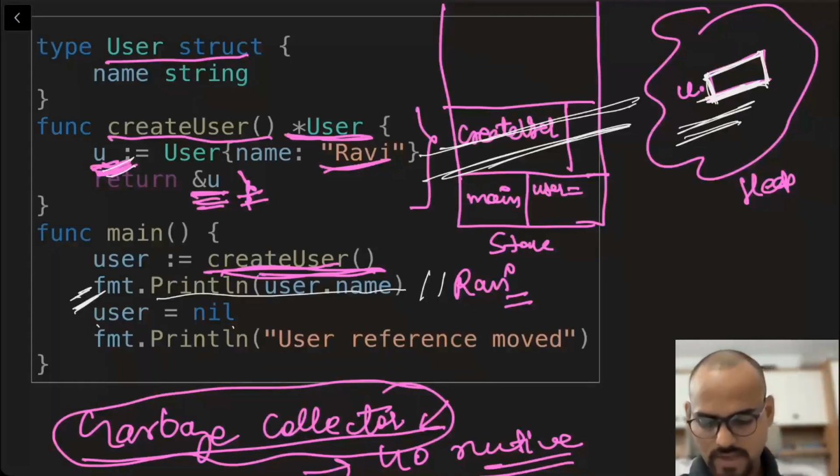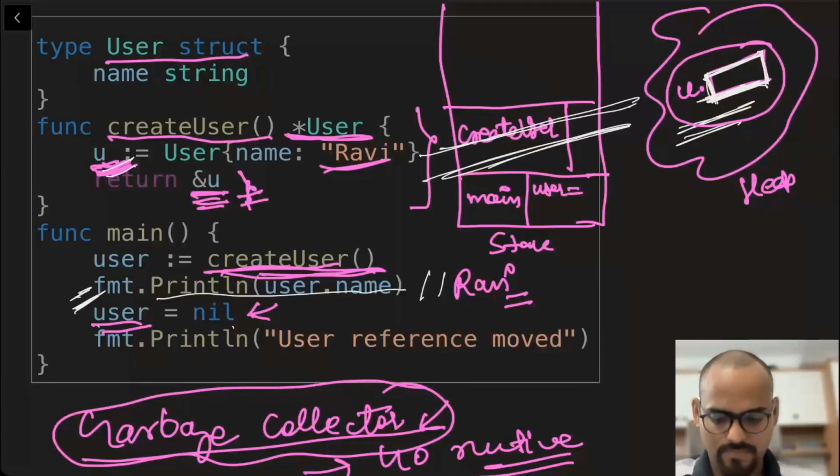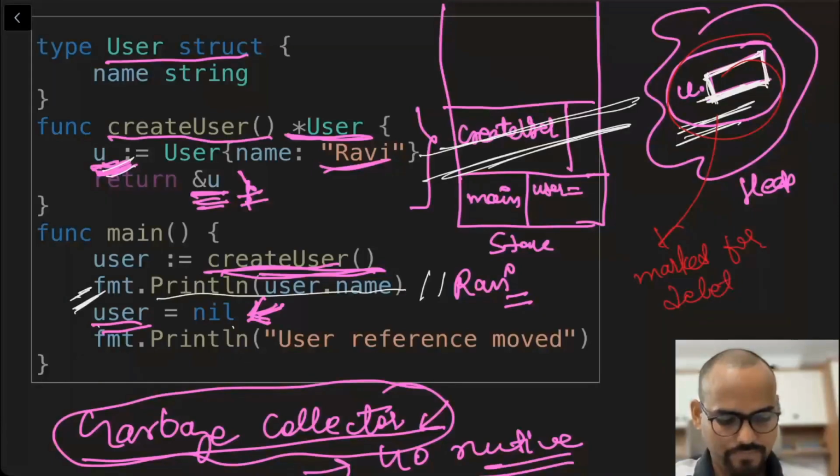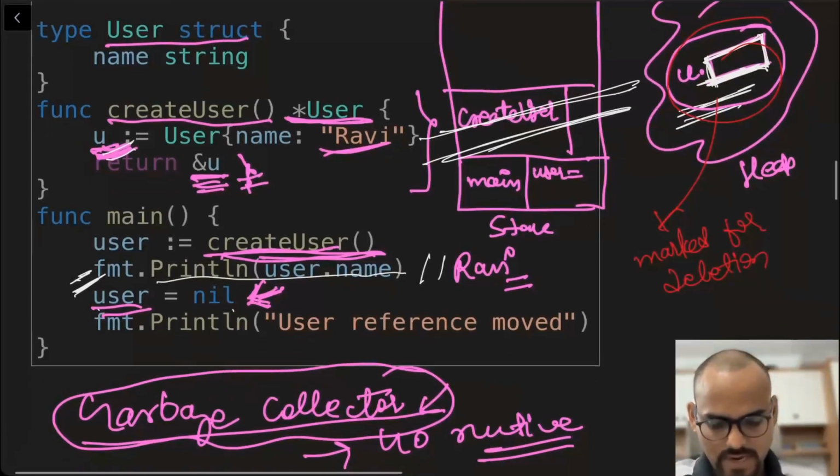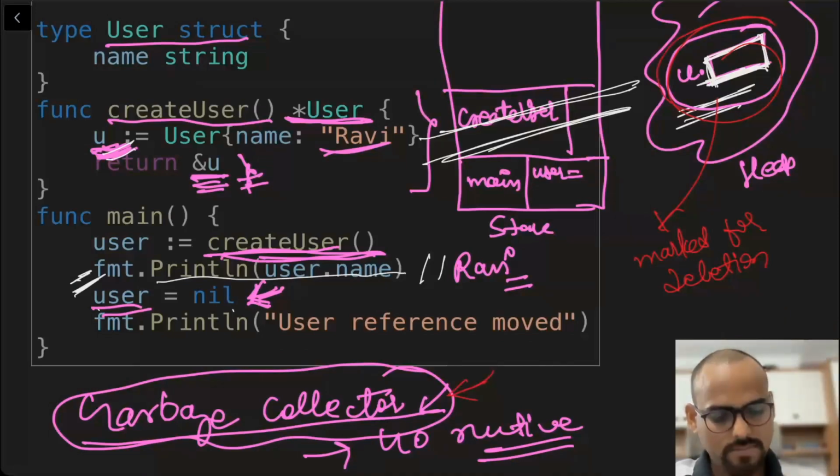So here, once we assign this nil value to this user variable, we have lost the address of this u created in the heap. So after this line, this memory will be marked for deletion. Whenever the garbage collector runs next time, it will clean this memory.